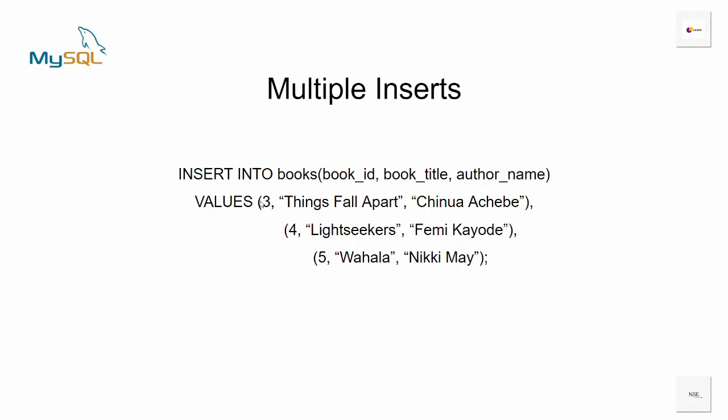Instead of providing just one set of values, we provide 3 different sets of values. Notice that we have each set wrapped with parentheses and separated with a comma. So now let's head over to the command line and type this out.